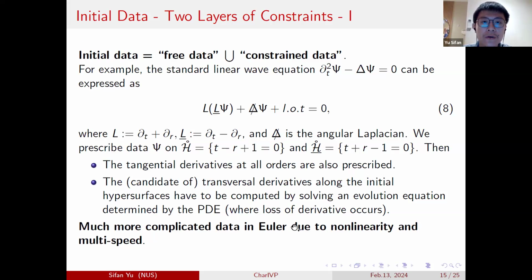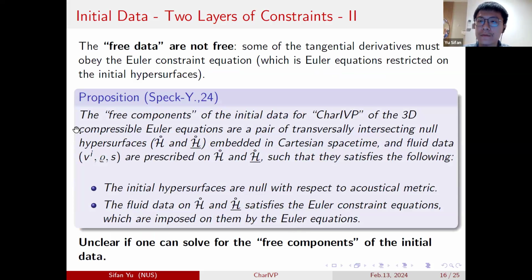So there are many aspects that I can talk about for the initial data. First of all, the free data are not free. Unlike the linear wave, where you can freely prescribe psi on the initial hypersurface, you can't in the setting of 3D compressible Euler.